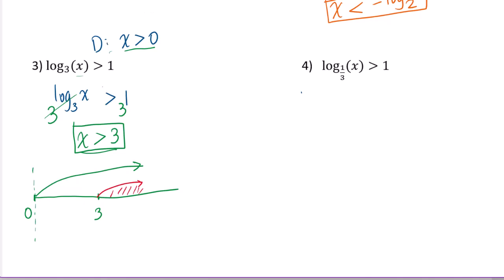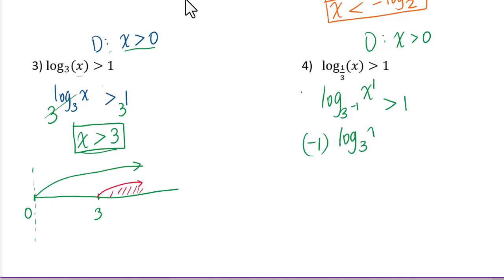Question 4. First step, domain: x greater than 0. Since the base is 1 over 3, we need to change it into 3. Log base 3 to the negative first power of x greater than 1. 1 over -1 is -1. Log base 3 of x greater than 1. Then we divide by -1 on both sides.